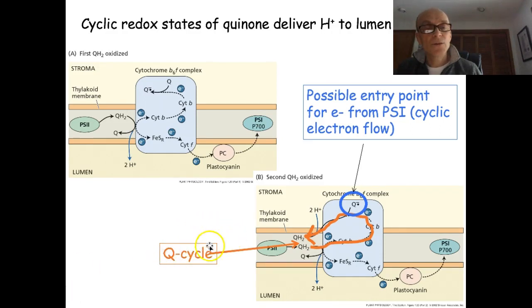Here is just for you another way to see where there's a possible entry point for electrons from the photosystem 1 from what's called the cyclic electron flow, not the Q cycle. So I'm just pointing this out here for later, where electrons come over here from the photosystem 1 and can be shuttled into this pathway and be added into this complex again. So that's the entry point.